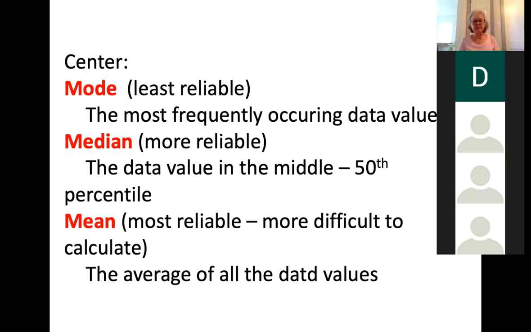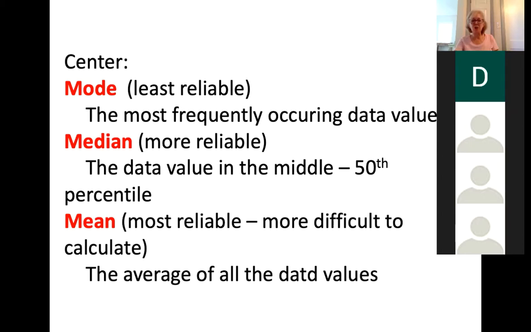It varies the least from sample to sample. It is also the most tedious to calculate. You will definitely want a handheld calculator, or if there's a lot of data, you will want a piece of software that will do that for you. So we've got 3 ways to tell people what's the center of the data.